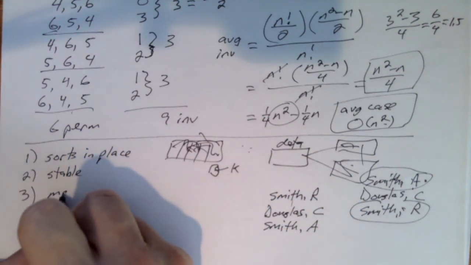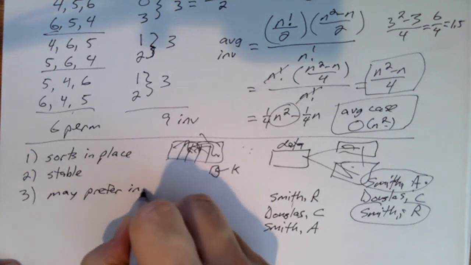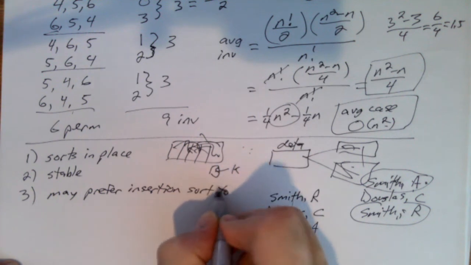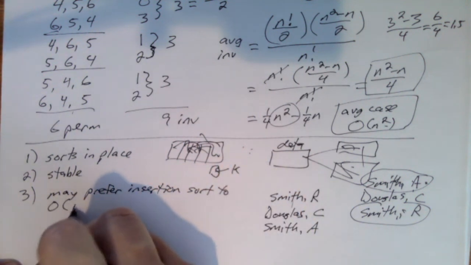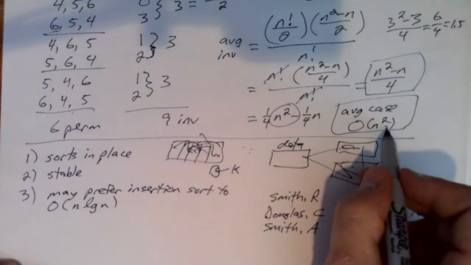We may prefer insertion sort to something with a big O of n log n, which is in general faster. For large n, this is much better than n squared.